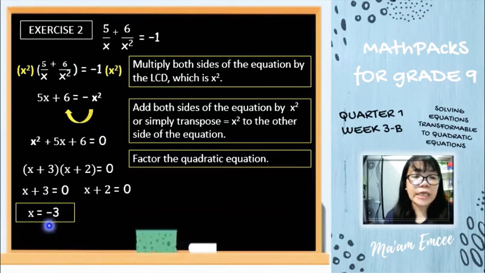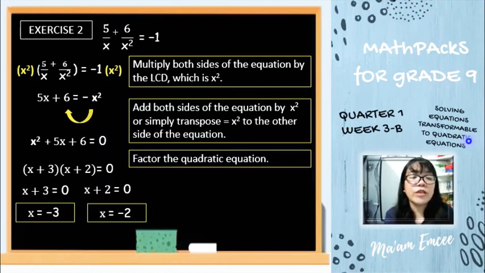So x now is equal to negative 3. And then x plus 2 is equal to 0. So we transpose positive 2 to the other side of the equation. So x now is equal to negative 2. So the solutions for this particular exercise are negative 3 and negative 2.